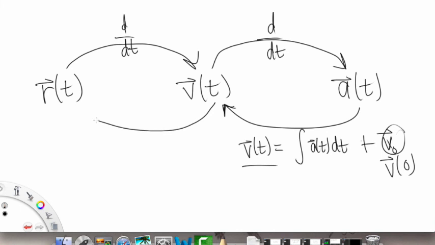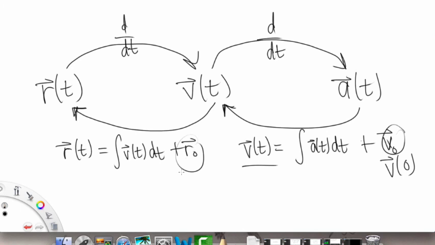To get from velocity back to position, it's the same format, we just switch up the letters. r of t equals the integral of v of t dt plus r naught, which is r at time equals 0. So that's a little roadmap on how you switch between position, velocity, and acceleration.